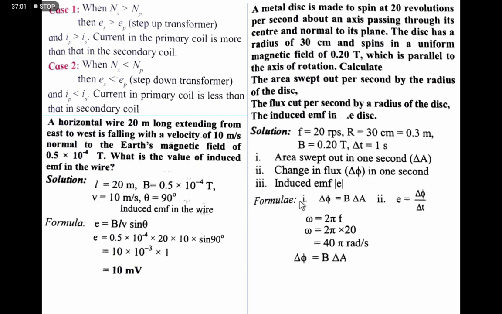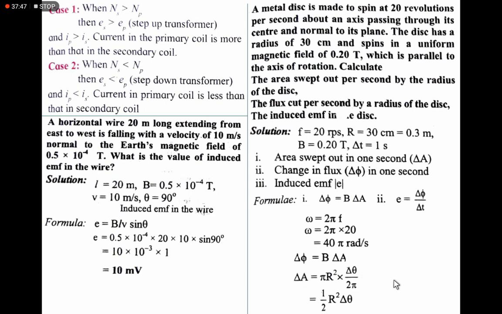Now we'll find the change in flux. B is given, and the area of the disc is pi r square. The part of the area swept by the angular displacement of the disc is written with this.